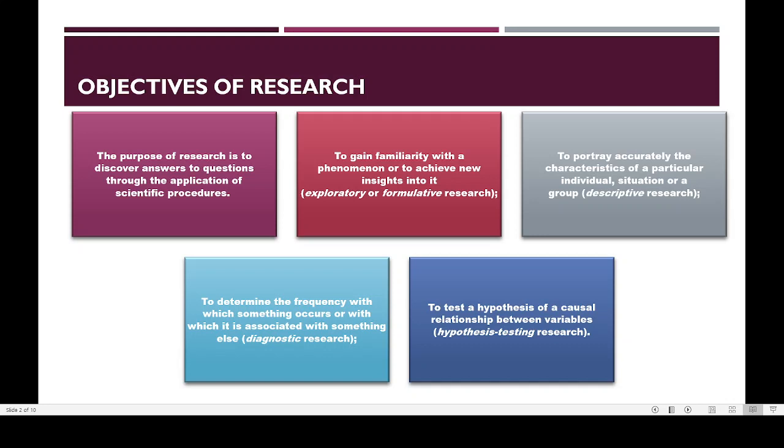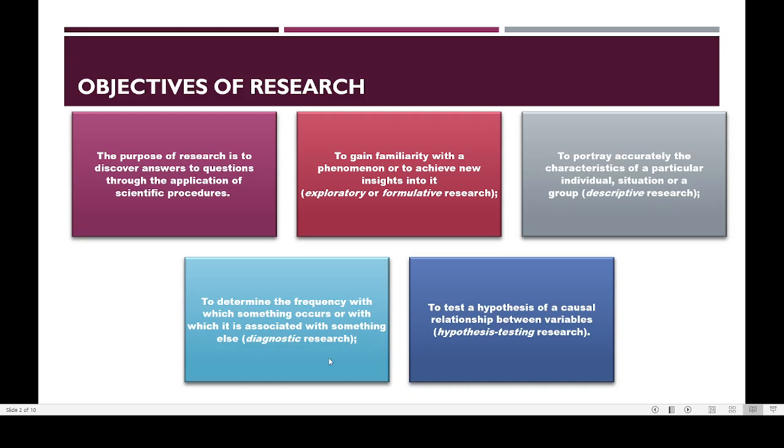When we study that species, we try to describe it in as much detail as possible. We try to collect as much information as possible about the different features or characteristics of that particular species or situation. Then we call it descriptive research.